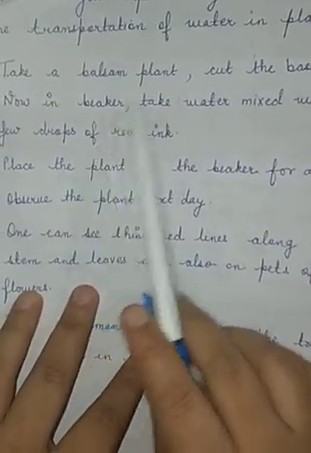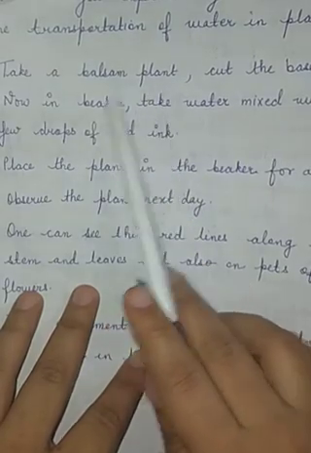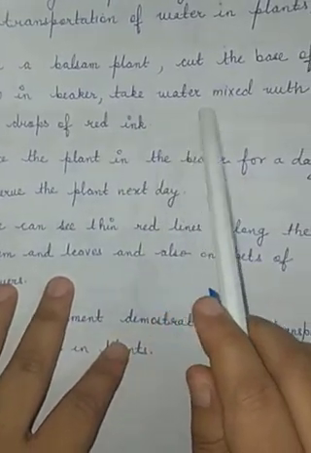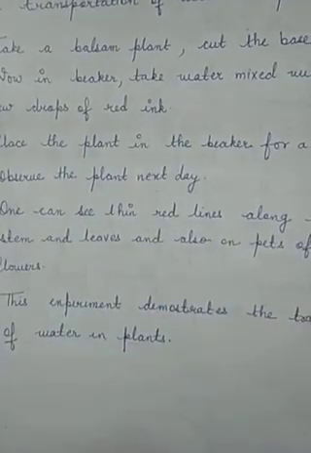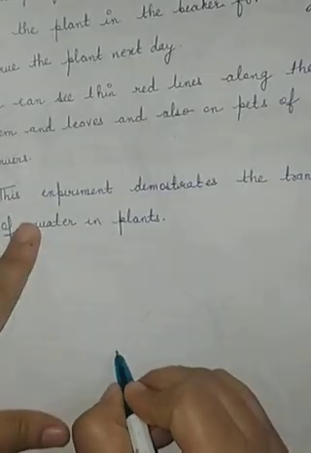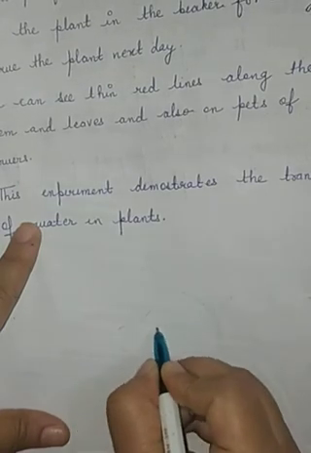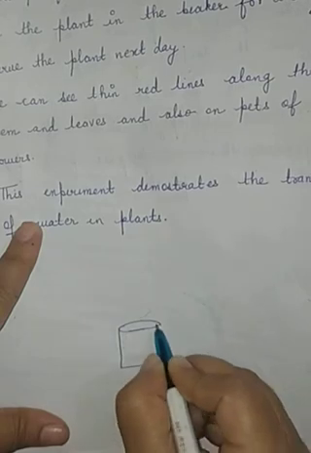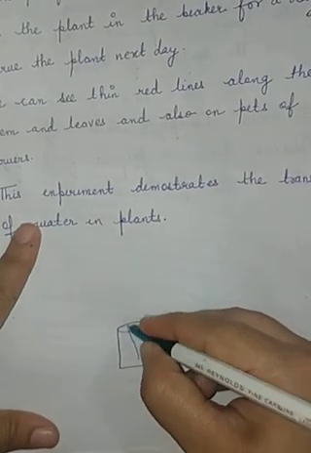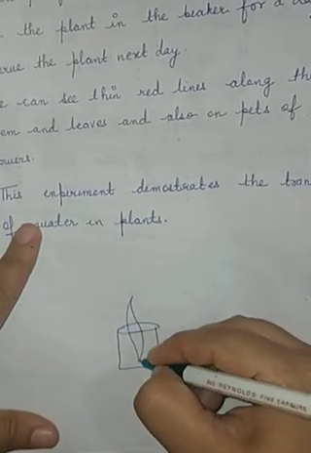After that, you have to keep that plant in a beaker and take water mixed with a few drops of red ink. You have to take one beaker, which can be any container, and in that you will put this plant. For example, this is the plant.